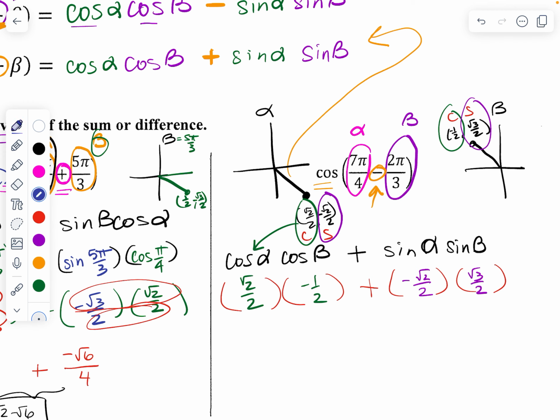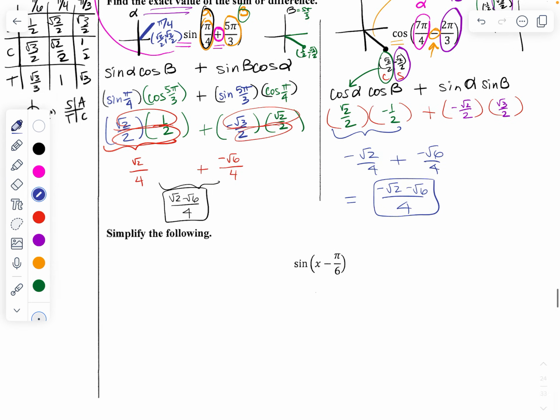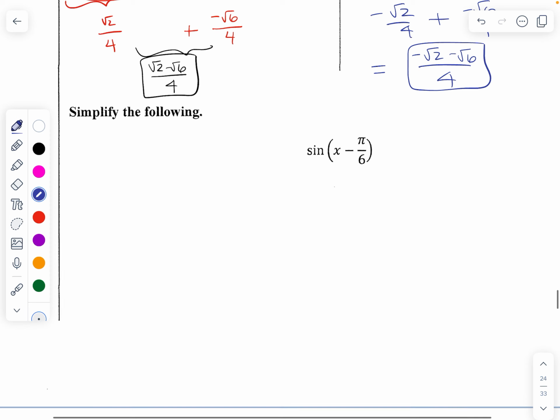Let's simplify what we have. Negative root 2 over 4 plus negative root 6 over 4. Simplify, we have the same denominator. We got negative root 2 minus root 6. Okay, now sometimes we're simplifying something. We can't get it all the way down, but we can simplify it as much as we can.